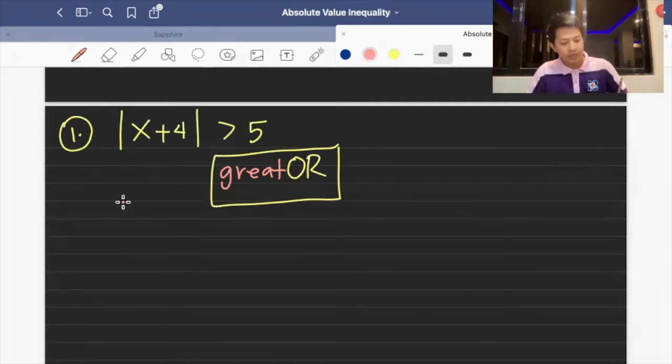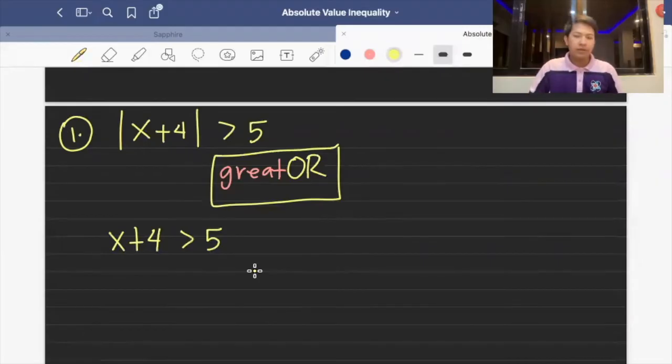So the first one is x plus 4 is greater than 5. Again, this one, this case one, I just dropped the absolute value sign and copied everything.